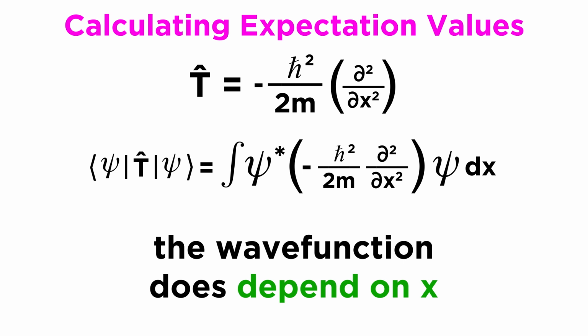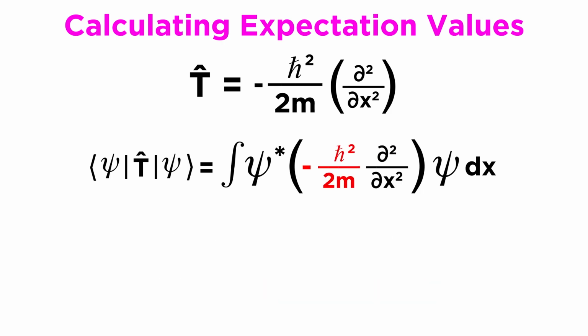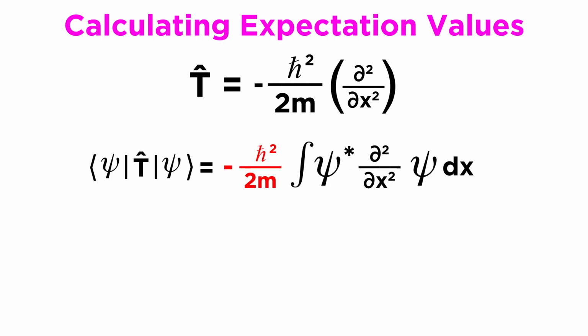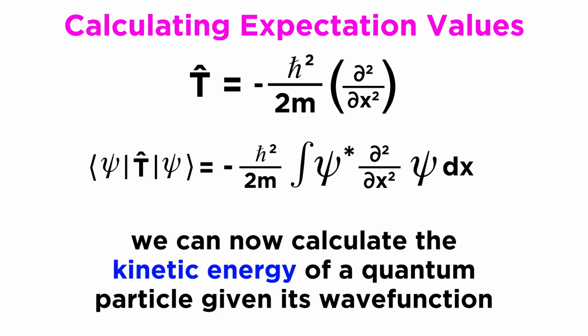Recall that even though we are not writing it explicitly, psi depends on x, which is why we are able to differentiate it with respect to x. Now recognize that we have some constants with h bar and mass, so let's pull all of this out of the integral. That leaves psi star times the second derivative of psi with respect to x dx. So we can now calculate the kinetic energy of a quantum particle given its wave function.